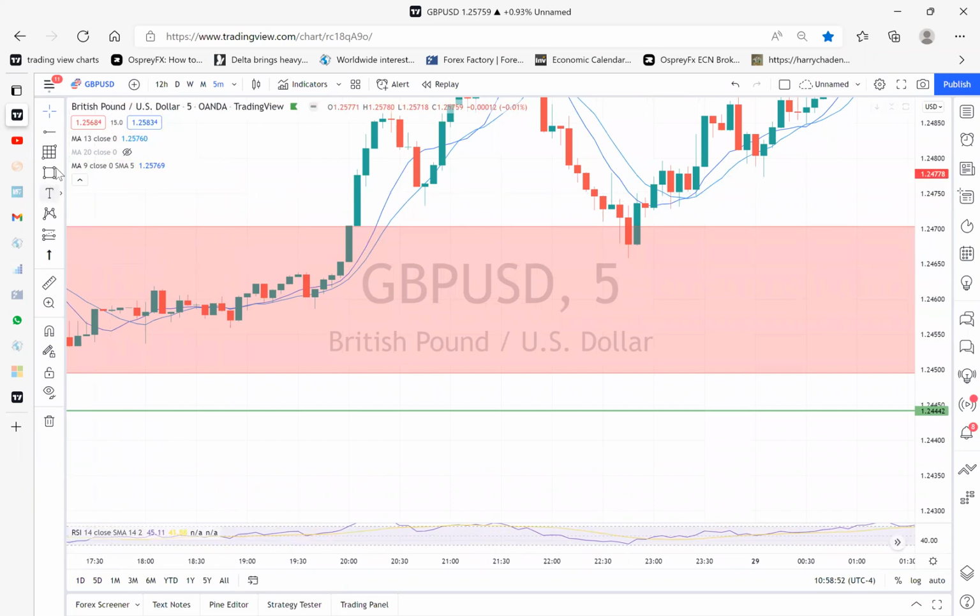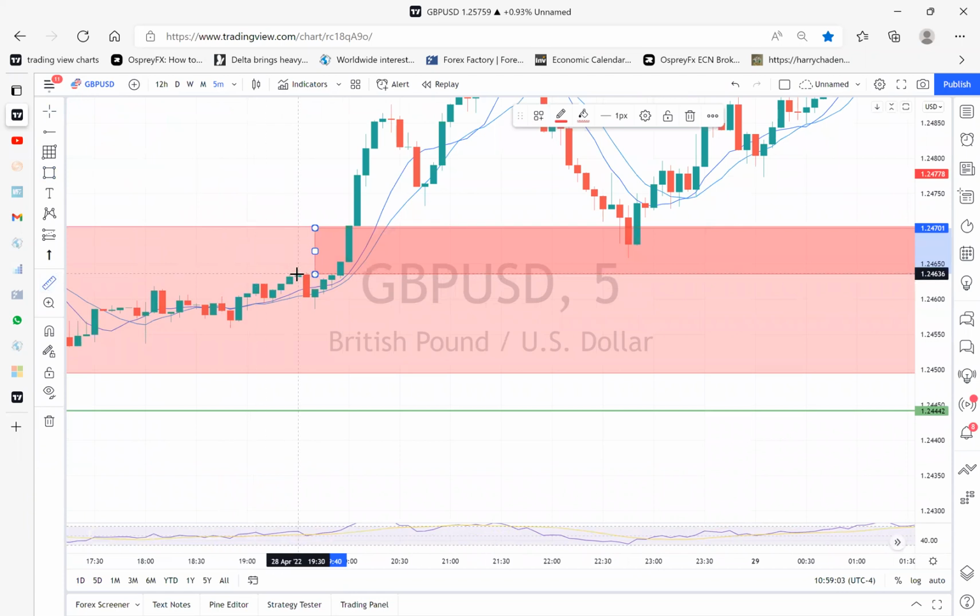If you take this trade on the 5 minute, what is that, a 6.5 pip stop loss? A little bit different.